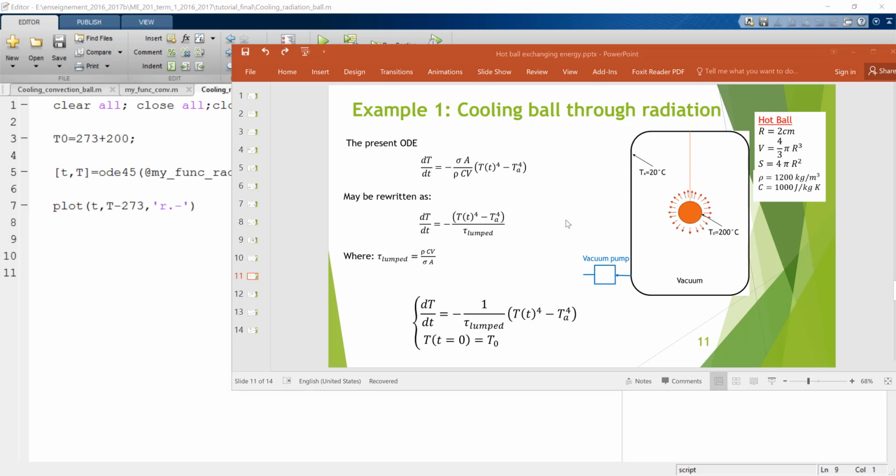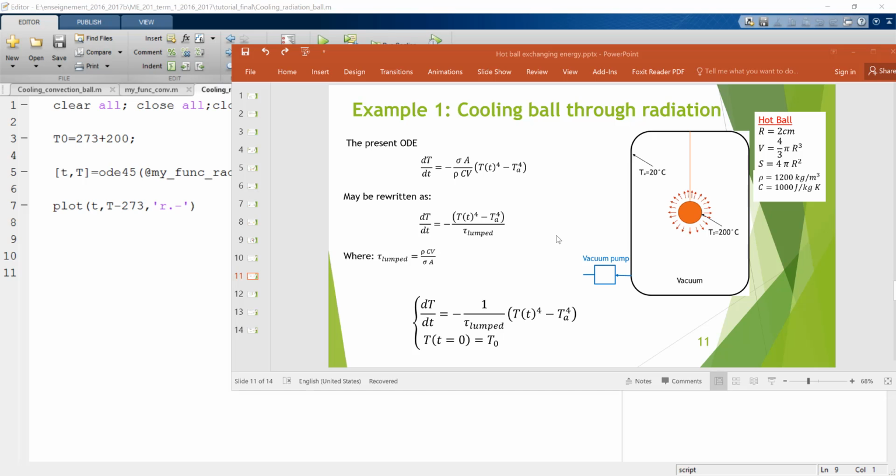I have to note here that in this case we have to work in Kelvin. So everything written in Celsius has to be converted to Kelvin, otherwise you will get problems and false results.